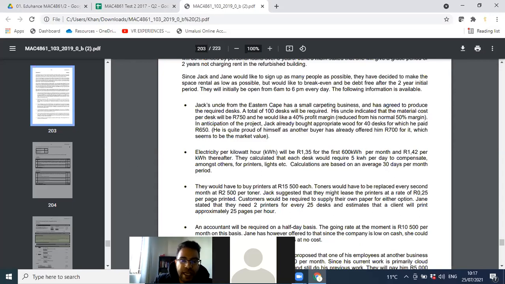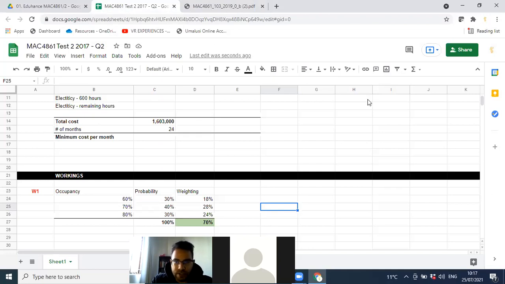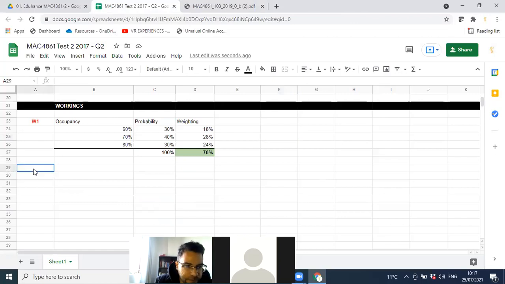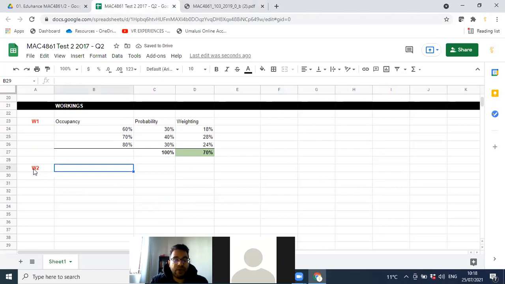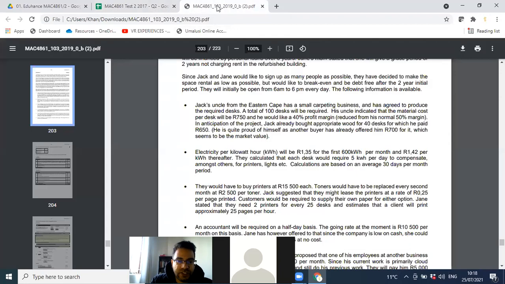So what we need to work out is how many kilowatt hours we are going to have for the month. That is very important. So working 2. What's the kilowatt hours per month? They're saying it is 5 kilowatt hours per day per desk.